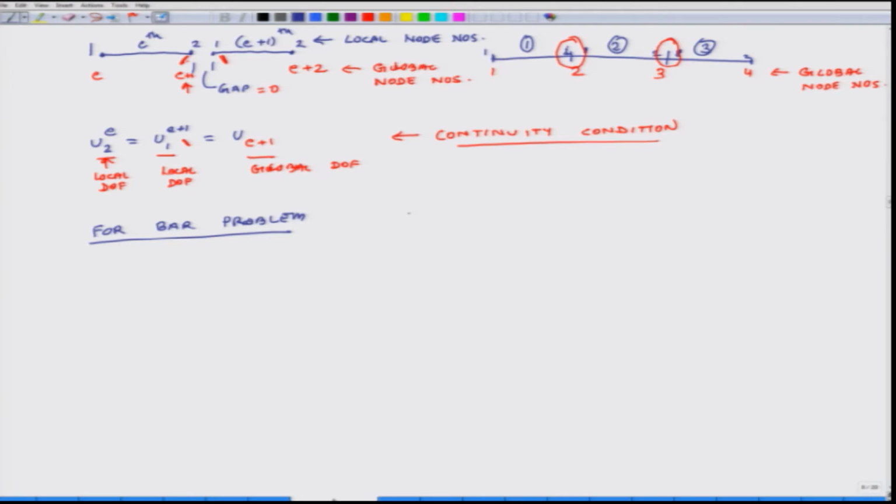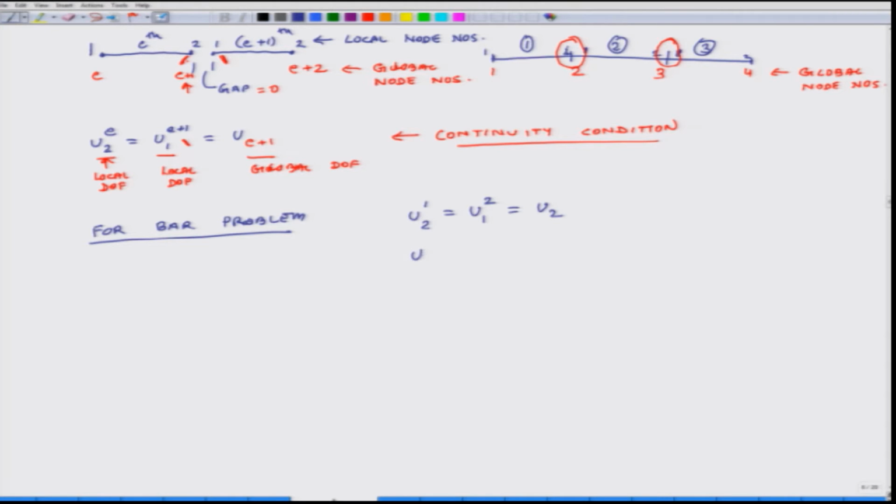The first one is u2 of the first element is equal to u1 of the second element, which is equal to U2 globally.